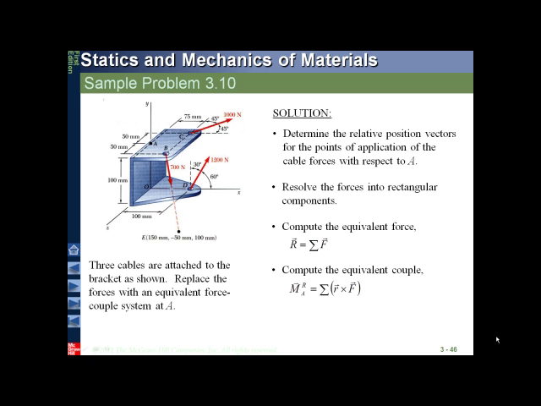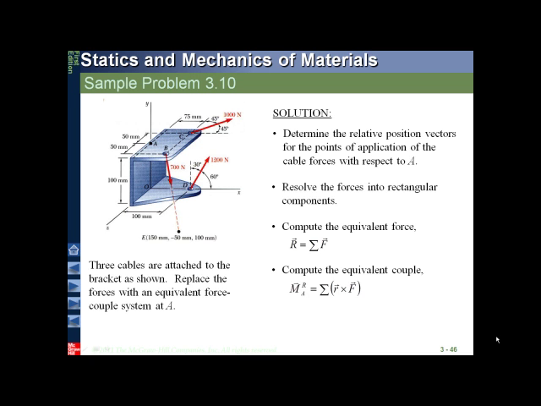So the first couple of things we're going to do is determine the position vectors for the points that the forces are acting at relative to point A, and then we'll resolve the forces into rectangular i, j, k unit vectors.